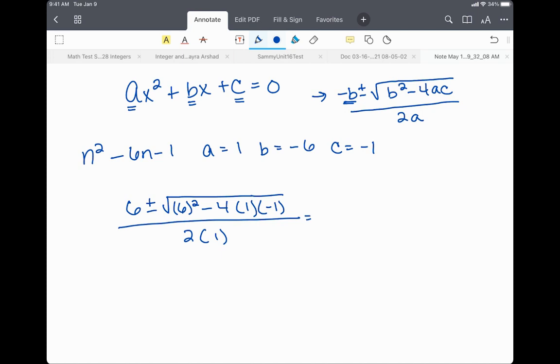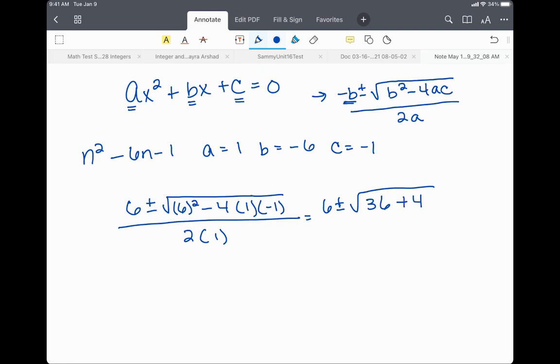So you have 6 plus or minus, and you have 6 squared, which is 36, minus, but this is 4 times 1 times negative 1. So negative 4 times 1 times negative 1, which is going to give you a positive 4.